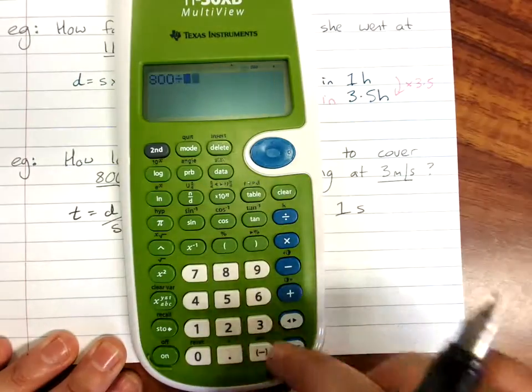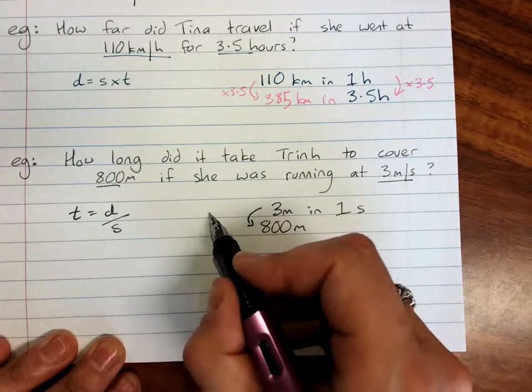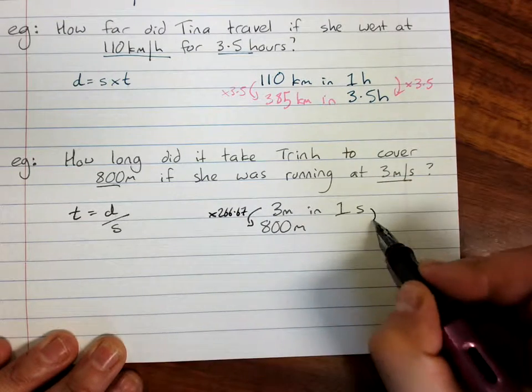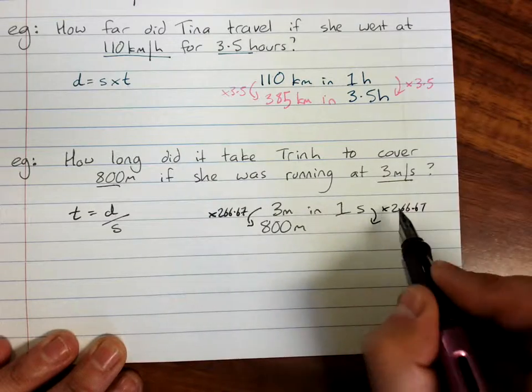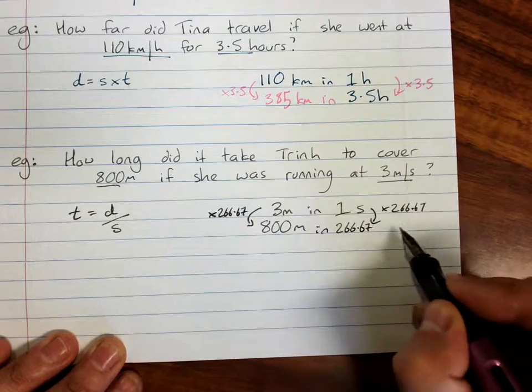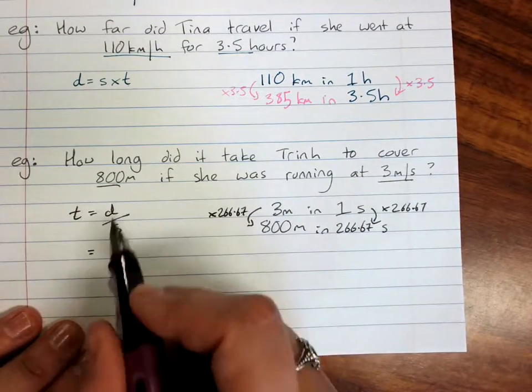800 divided by 3, 266.67. Wow. This is times 266.67. So I've got to do times 266.67 over here, but 1 times that is 266.67 seconds. Let's check that we get the same answer here.